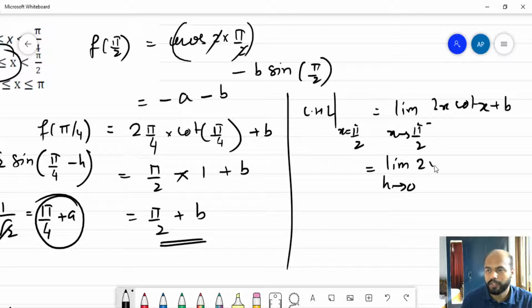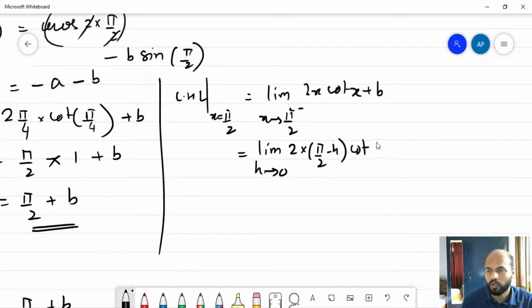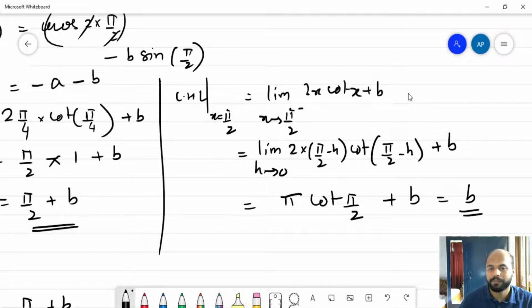So it's going to be 2 into pi by 2 minus h, cot of pi by 2 minus h, plus b. So pi cot pi by 2 plus b. So cot pi by 2 is 0. So overall the value of this is going to be b.